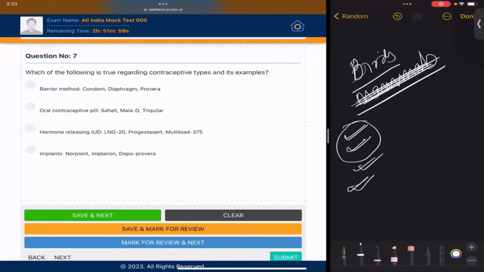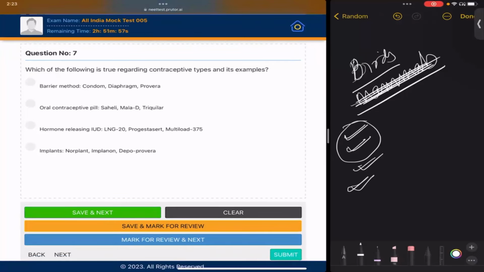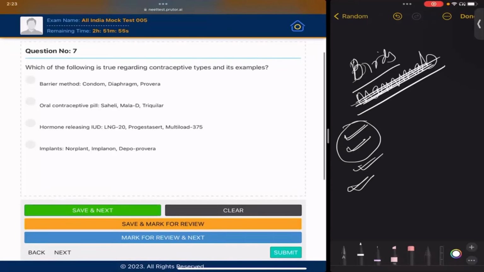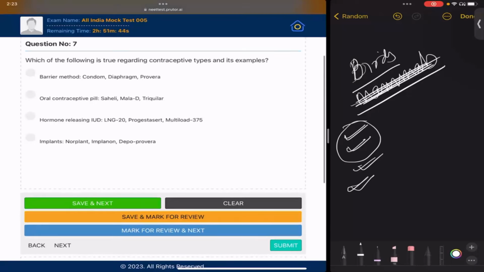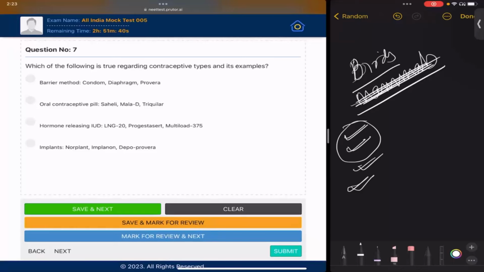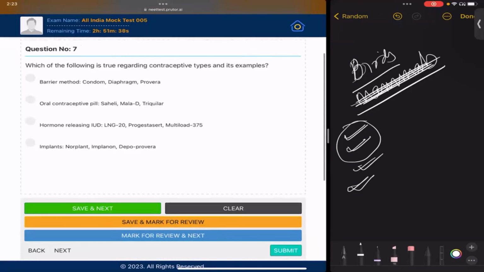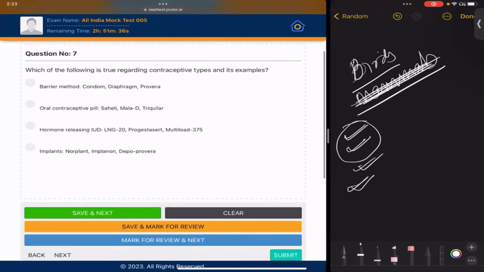The following is true regarding contraceptive type and example. Barrier method, condom, diaphragm and Provera. Oral contraceptive pill, okay. Hormone releasing IUD, LNG20, progesterone, multi-load. Multi-load is not hormone releasing. Implants, Norplant, Implanon, and Depo-Provera.